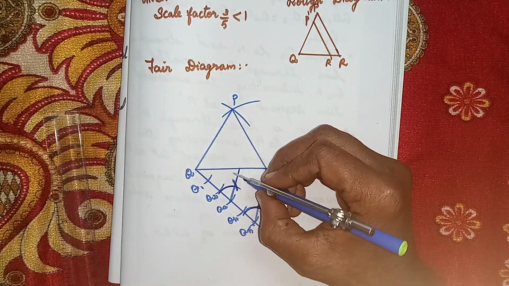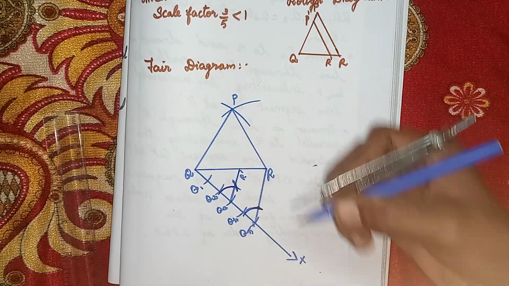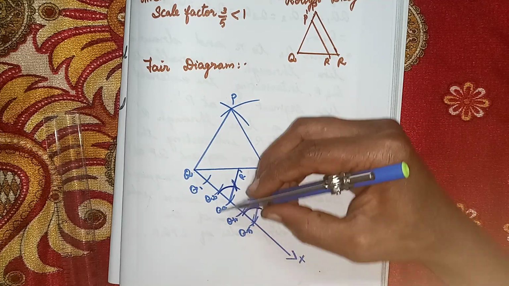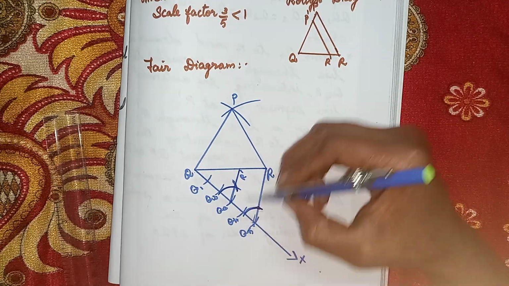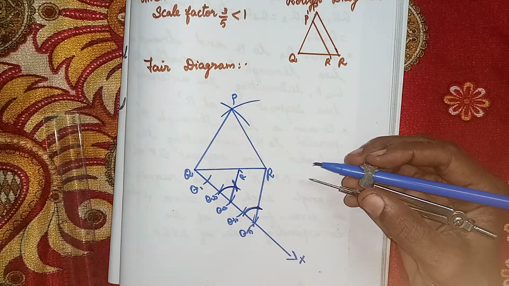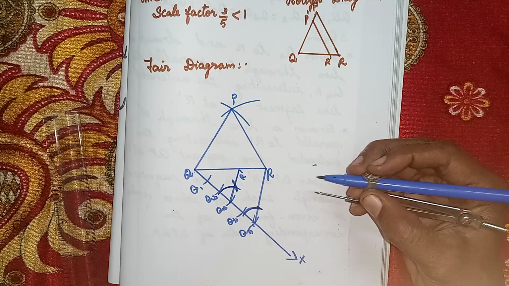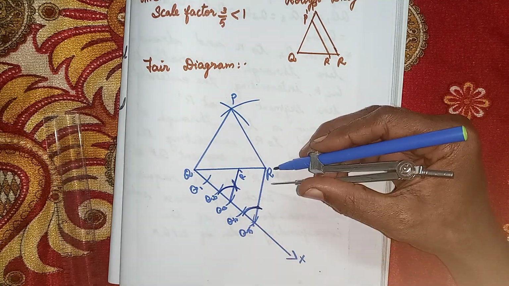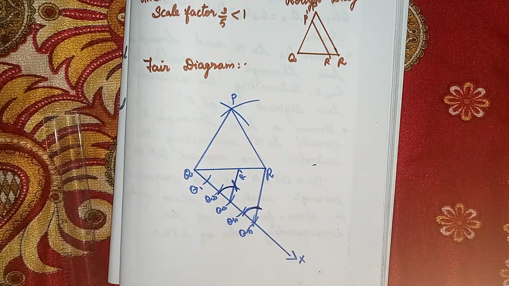This way you have to mark it as R dash. Now this line should be parallel to this line. These two lines should be parallel. If you are not drawing parallelly, it is a mistake. So Q3 R dash should be parallel to Q5 R.